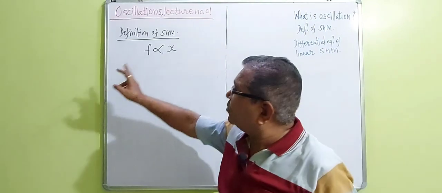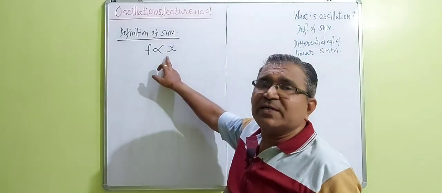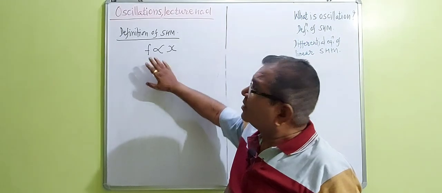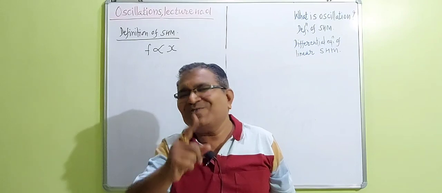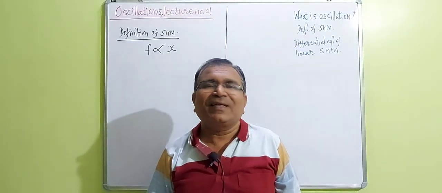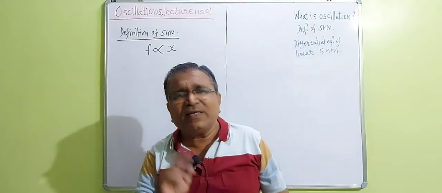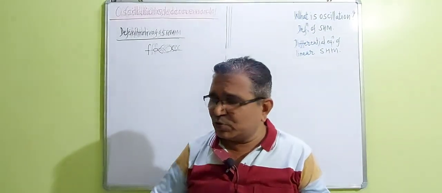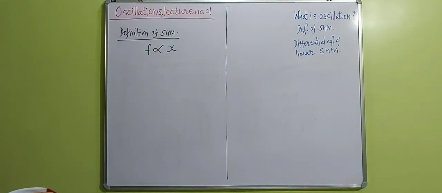That I have written on the board. This is the restoring force, this is the displacement of the particle from the mean position, and by making use of all these concepts, we have to prepare now a definition of simple harmonic motion. So here, simple harmonic motion, let me put this simple pendulum on the table.